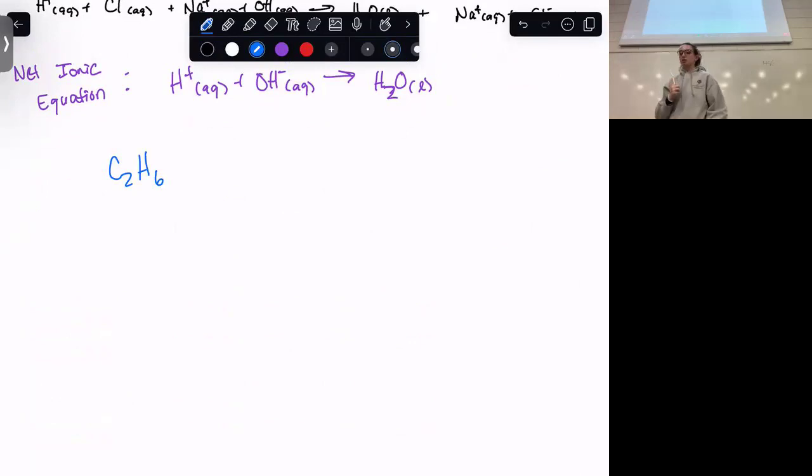What about ethane here, C2H6? What is carbon? A nonmetal. What is hydrogen? A gas, which is also a nonmetal. So this is going to be a covalent bond.